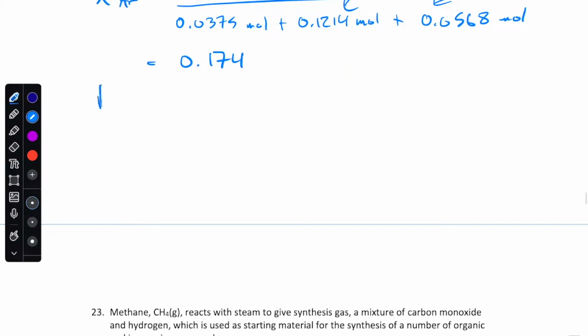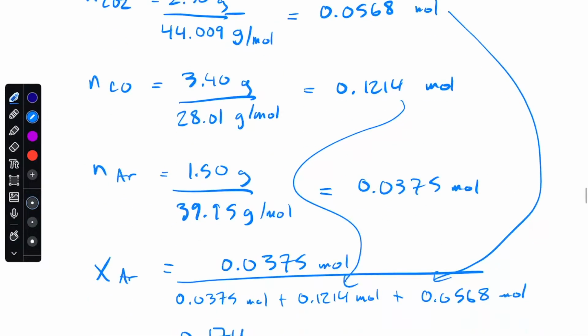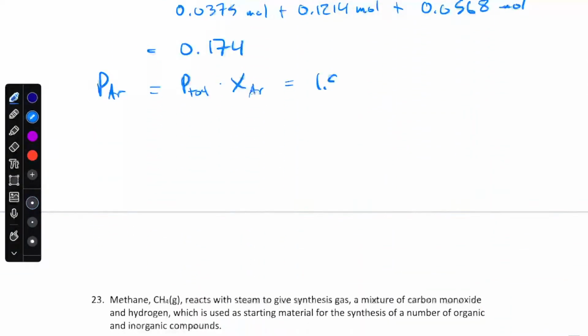And so the partial pressure of argon is equal to the pressure total times the mole fraction of argon, which is equal to, I think we have it up here, 1.56 atmospheres multiplied by the mole fraction, which is 0.174, equals 0.271 atmospheres.